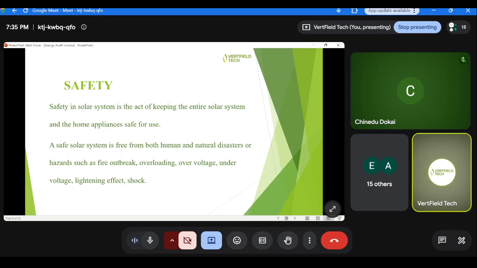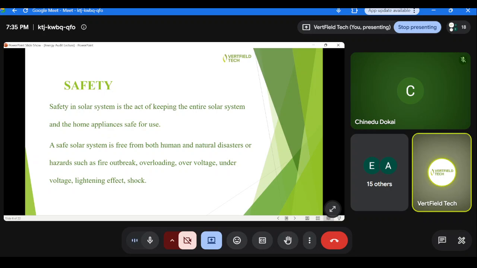So for you to say that the solar system is safe, it has to be free from both human and natural disasters. When we say human disaster, it means that maybe there will be loose connections or there will be naked wires flying around. When the operator goes there to operate the machine, he or she can be shocked.